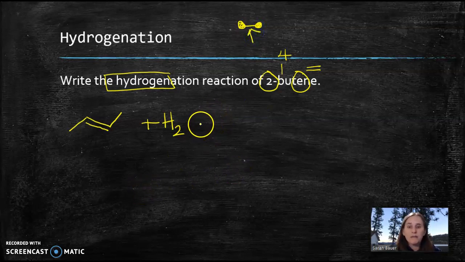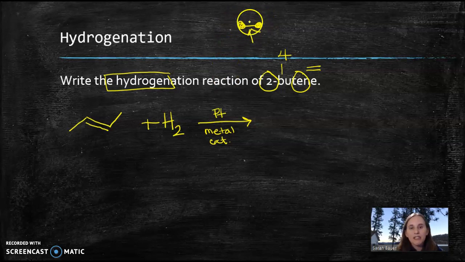And because that covalent bond is pretty strong, this reaction requires a metal catalyst, such as platinum, which is a really common one. So you could write platinum, or you could even just say metal catalyst. It's going to need a little kick in the pants. It actually needs help to break this. This is very reactive, but this would rather stay together. And so that catalyst helps it.